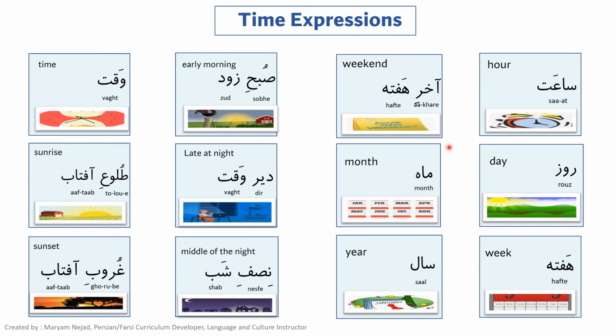It's always implied. ماه, سال, صبح زود. Again, another ezafe here. صبح زود. دیر وقت. No ezafe here. دیر وقت. نصف شب, ezafe here. وقت طلوع آفتاب, غروب آفتاب.